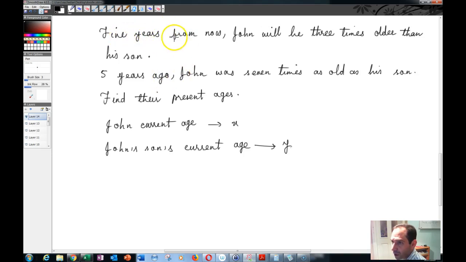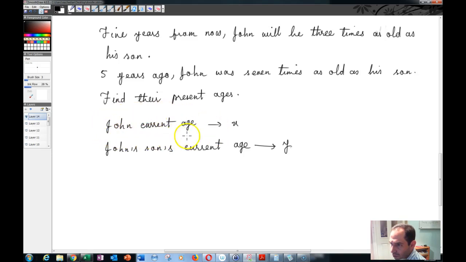So 5 years from now, John will be 3 times, or let me rephrase this, 3 times basically as old as his son.